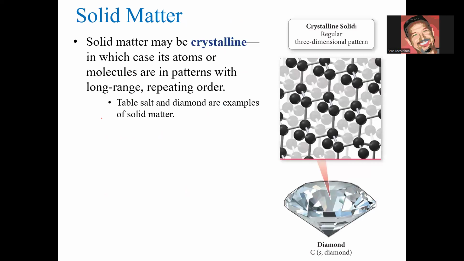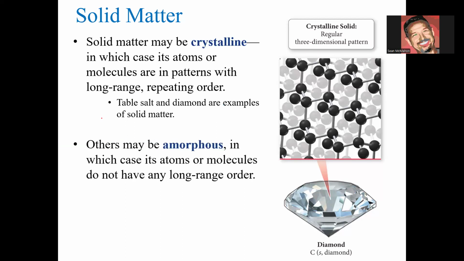I do want to mention that there are two types of solids. The most common is the crystalline solid that has a fixed pattern that repeats. So when you think of quartz, like salt crystals or diamonds, these have these fixed patterns. There are amorphous solids. In this case, there's a little more flexibility.